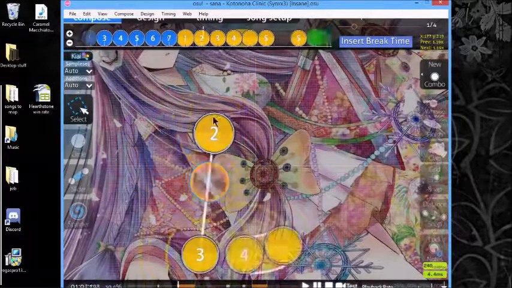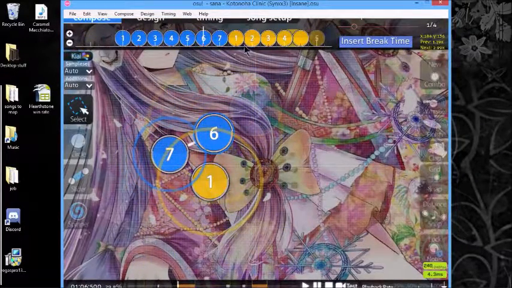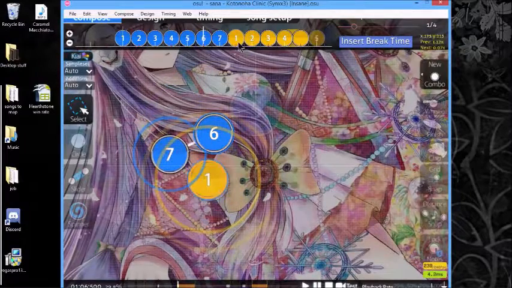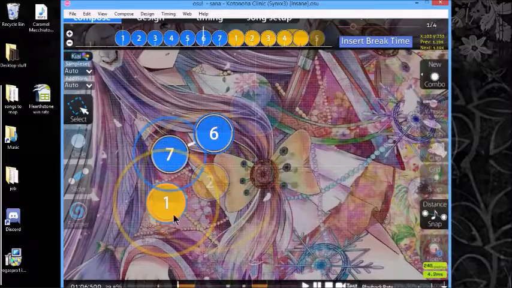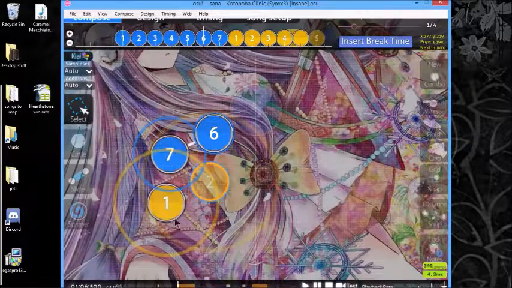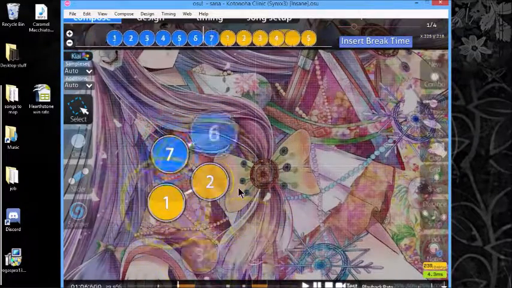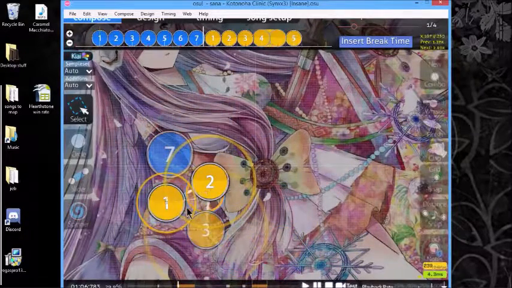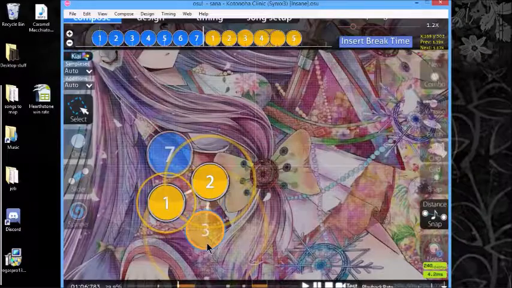I'm going to make sure that each new section is 1.2. And so you kind of have this nice triangle right here, but what you do instead is you take this note, put it here, and now you make another triangle again. So now you have a nice triangular type of thing, and if you were to do this, it would make a hexagon kind of shape around this 2 center piece. And then again, you can make a triangle here and find out a way to make it like this.